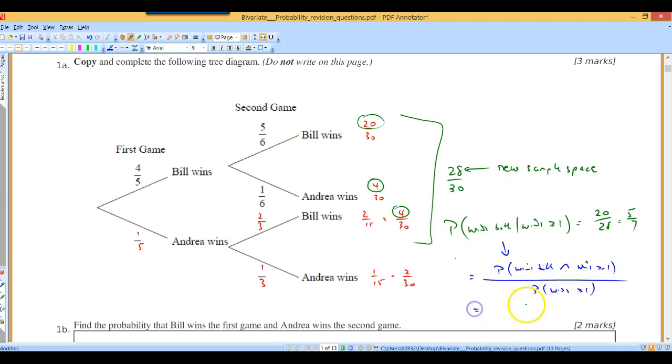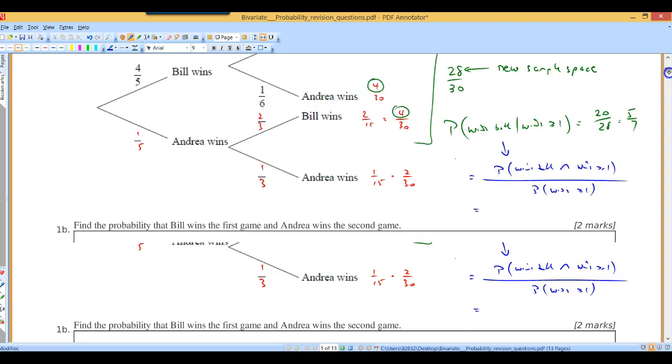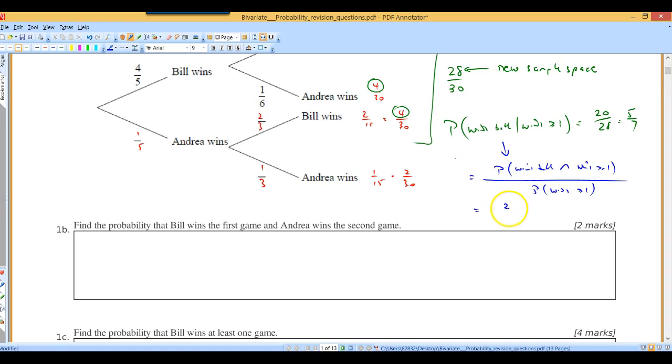So this wins both, intersection wins greater than or equal to 1. Well, that is just that 20/30, isn't it? So that's 20/30 over the probability he wins greater than or equal to 1. Well, what do we find that out to be? 14/15, or 28/30. So you can see either way, we're going to get 20/28 or 5/7.